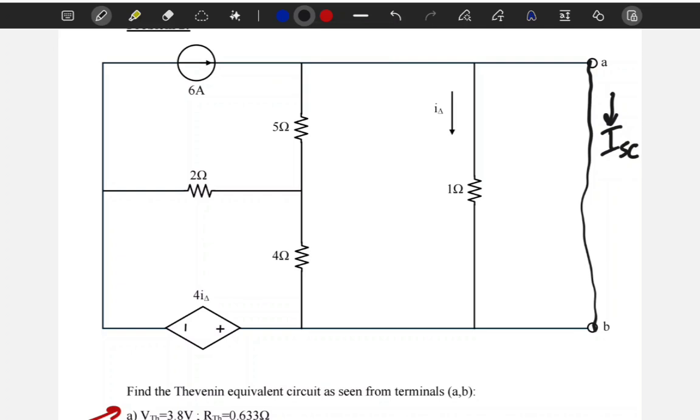Now, before I do anything, I can simplify the circuit. Now that I have a short circuit, I can simplify everything. So I noticed that this 1 ohm resistor is shorted by A and B because the voltage here is 0 volt, a connecting wire. So the voltage in here is also 0 volt. So this is basically useless.